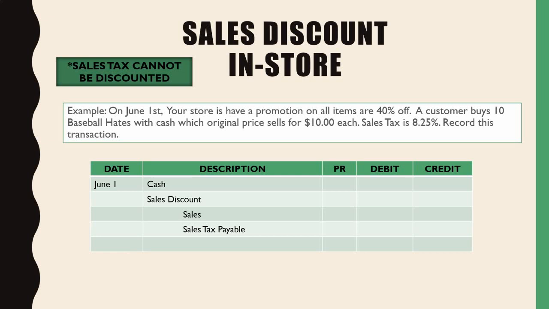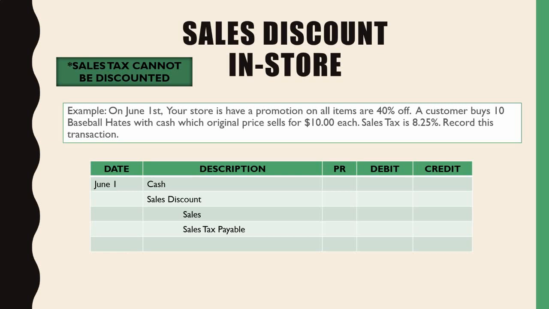So again, if you've ever gone to the store and bought something on sale and you look at your receipt, you're going to see they charge you at full price, the line underneath it will be your discount, and it will tell you how much the product is being discounted at. And then you'll get your subtotal at the very end.